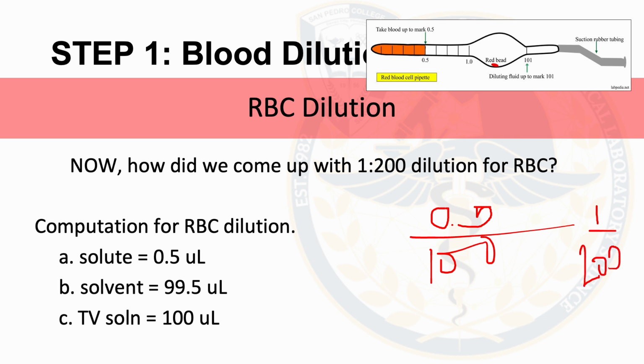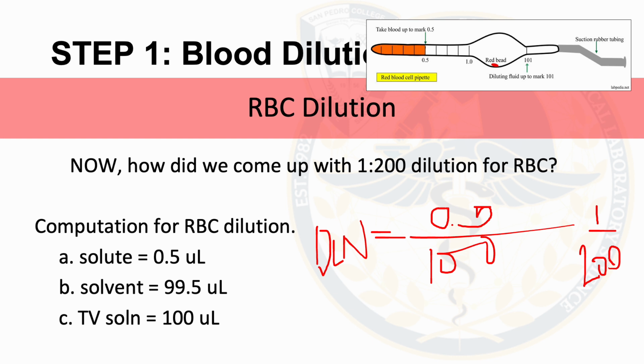Okay, that was a very long explanation for one slide. But this is it. You just have to use the formula for dilution. Your dilution is equivalent to solute divided by total volume. So in that case, your solute is 0.5 and your total volume of the solution this time is 100.